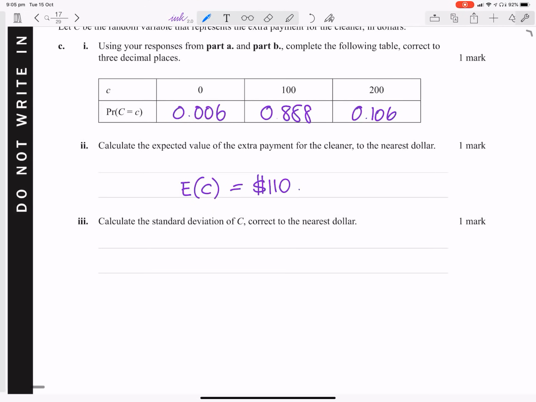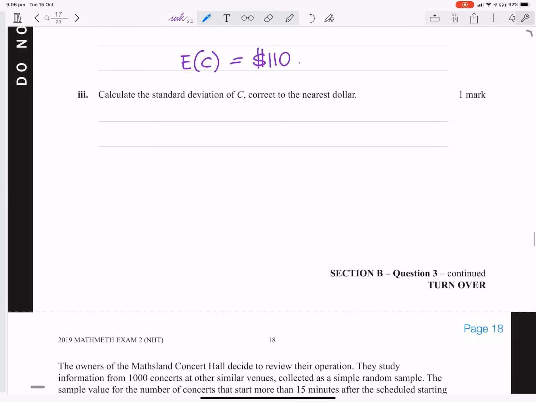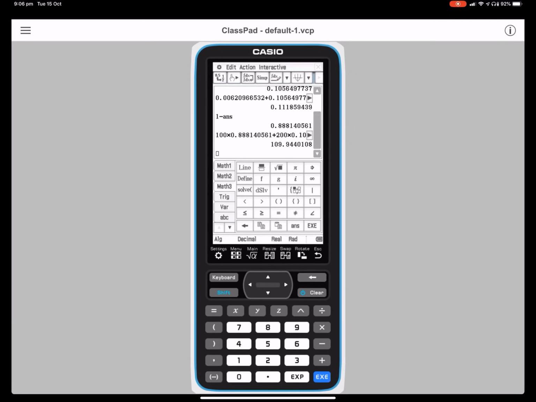Calculate the standard deviation of C, correct to the nearest dollar. Okay, so standard deviation, we've got E of x, that's E of x. E of x squared is going to be that, and plus that.